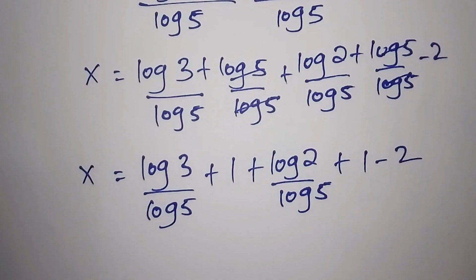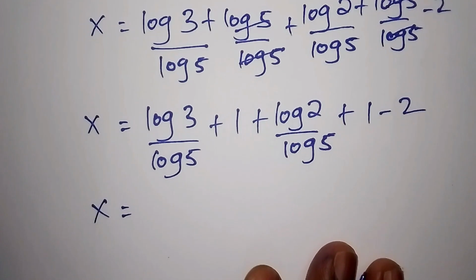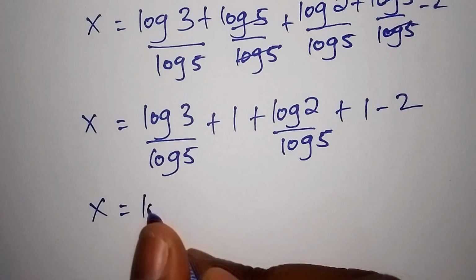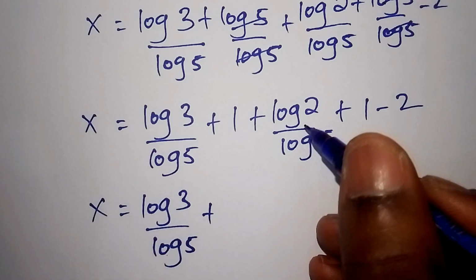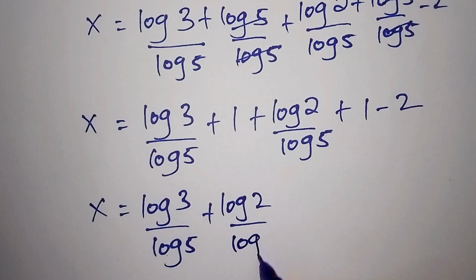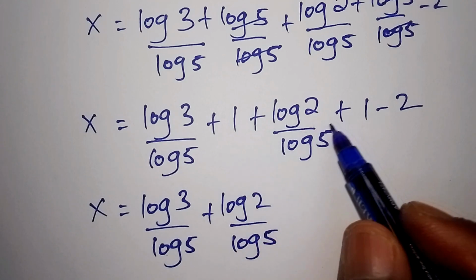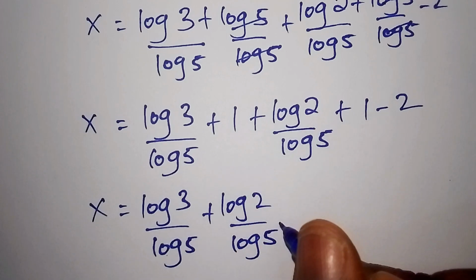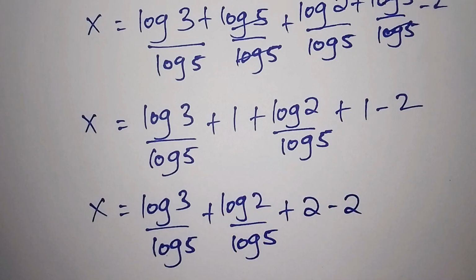Next, x is equal to the log of 3 all over the log of 5, plus the log of 2 all over the log of 5, then this 1 plus 1 is 2, so plus 2 minus 2.